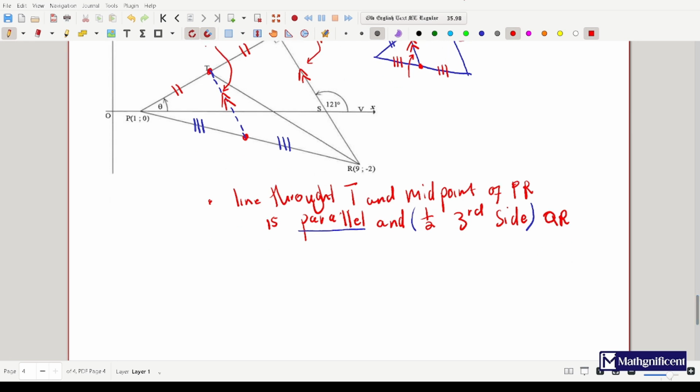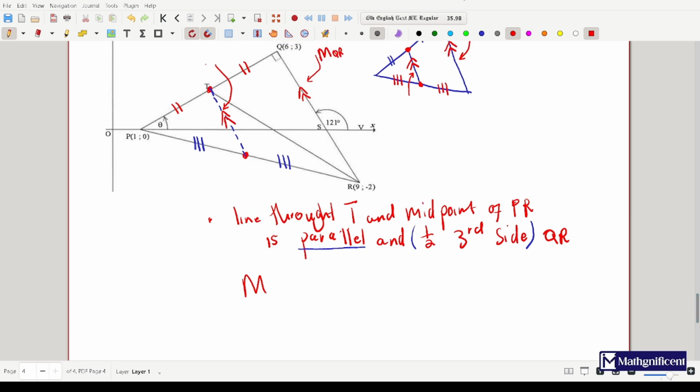So we can first determine the gradient of QR.